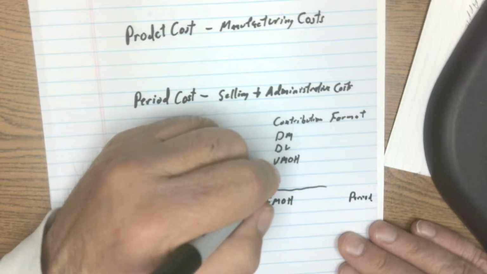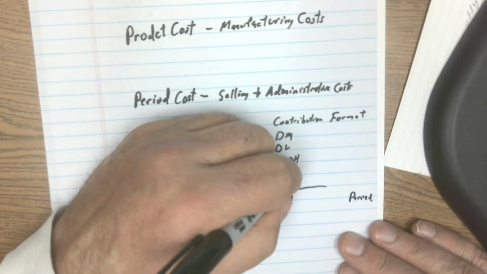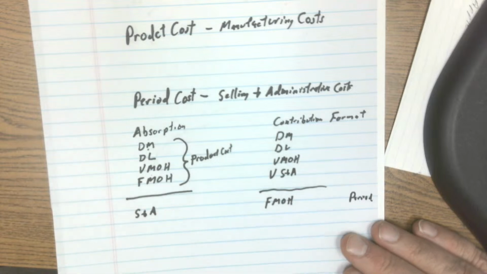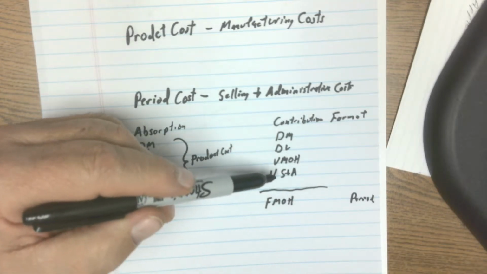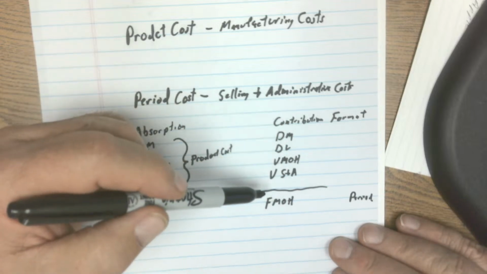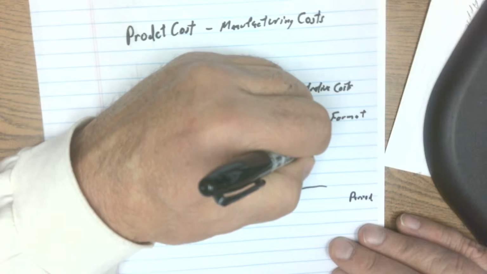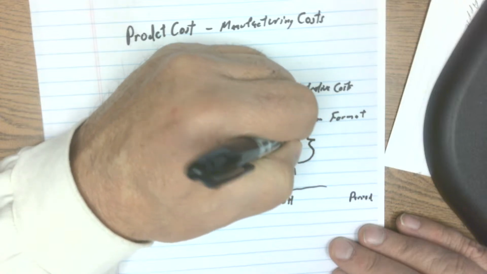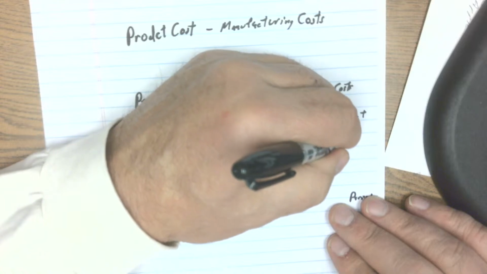And we move variable selling and administrative costs, usually is going to be selling, very few administrative costs that are variable. We're going to move that up here. Now, it won't be, however, a product cost, but it just gets moved so that it's not a period cost. These are product costs.